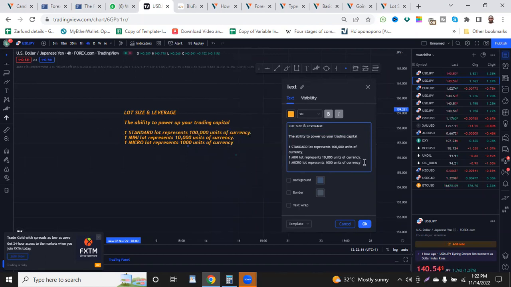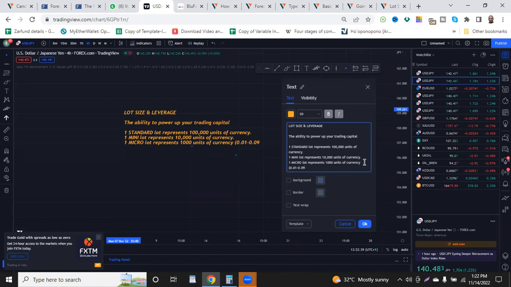The micro lot is what you are going to see on the chart as 0.01 all the way to 0.09. That's the minimum lot size that you can use. So it's basically the volume that you have.